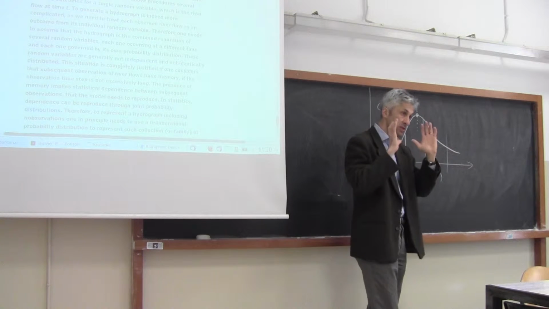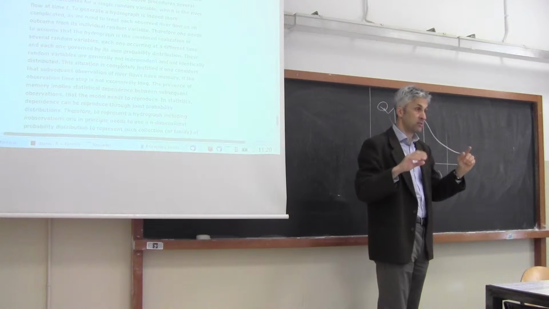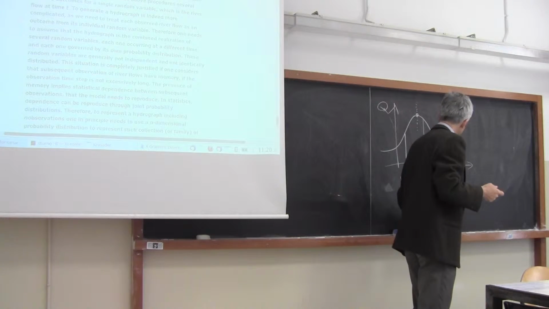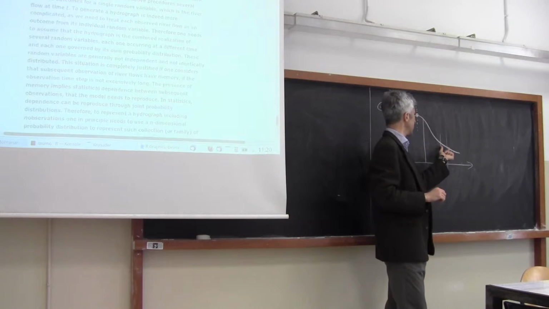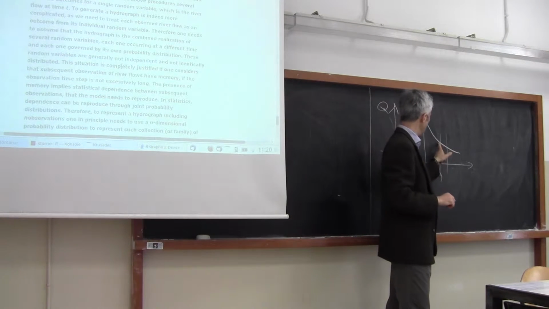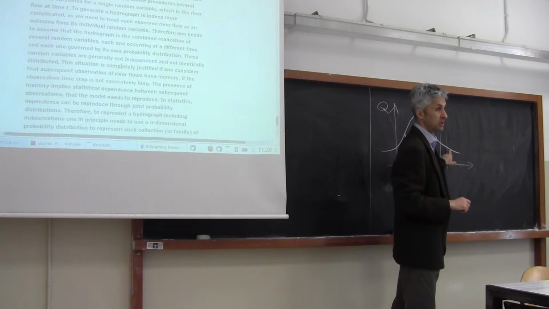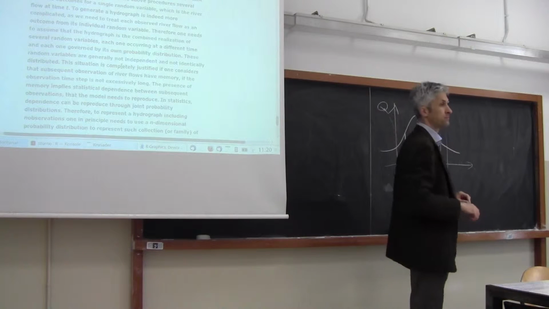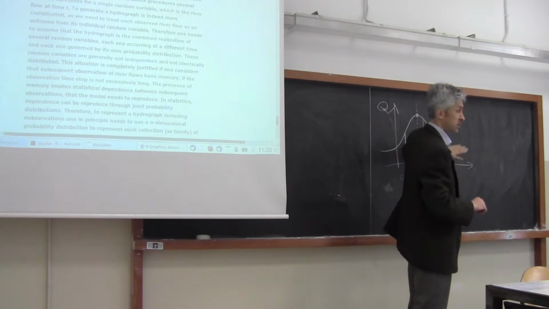Now, let's suppose that we wanted to model this hydrograph by using only one random variable. But you see that if I look at these two time steps, there is a relationship between what I observed here and what I am observing here. You wouldn't expect here to find an observation here, because there is a relationship.